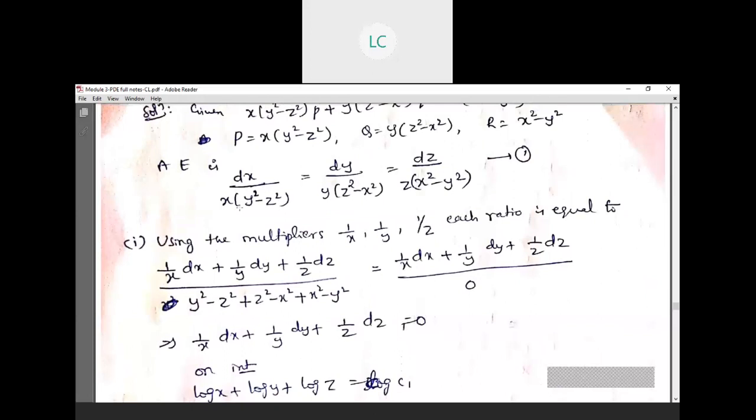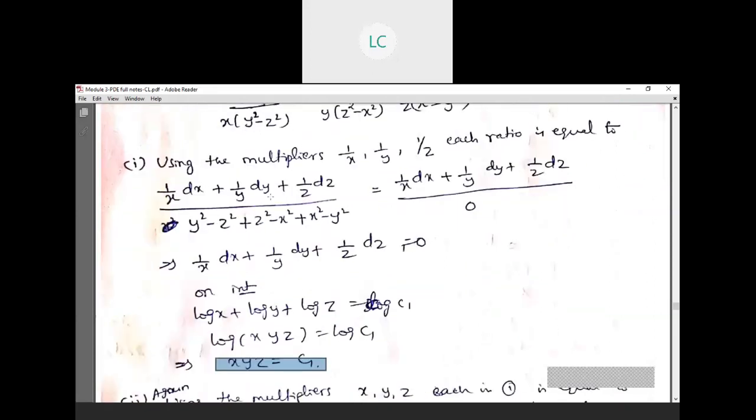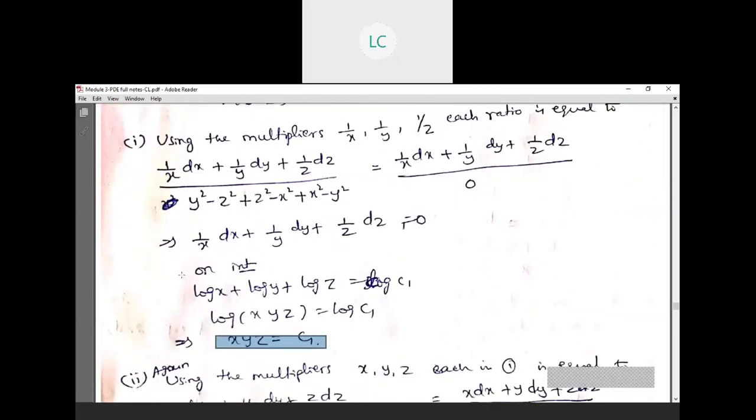Observe the denominator. Suppose I choose x, y, z as multipliers, the numerator is x dx plus y dy plus z dz divided by the denominator. If I choose x here, x square y square plus x z square. So x square z square plus y square z square minus y square x square. Already plus x square y square and minus x square y square will be eliminated. Like that we can do.